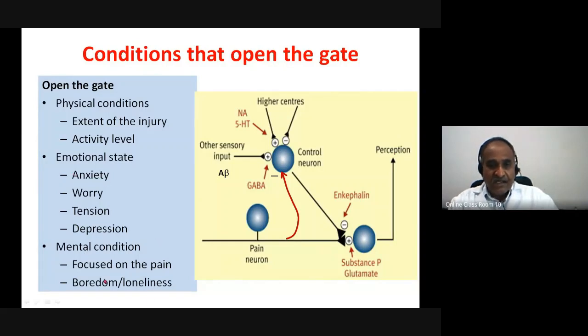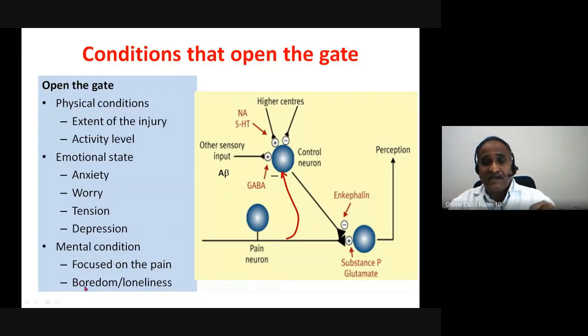The mental condition: you always worry about the pain. You look at that, okay, I got injured and what is happening and it will not be relieved. So you keep on worrying. That means you are focusing on the pain or the pain producing structure. That is one part.